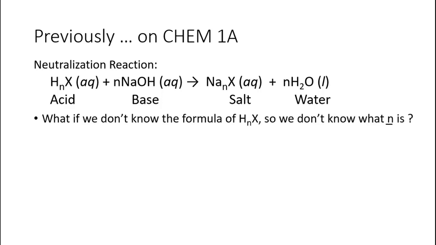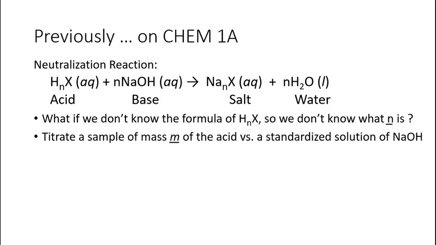Now, what if we don't know the formula of the acid? So we don't know what the N is in HNX. Well, what we do is what we did before, which is you titrate a sample of mass, say M, of the acid against a standardized solution of NaOH.